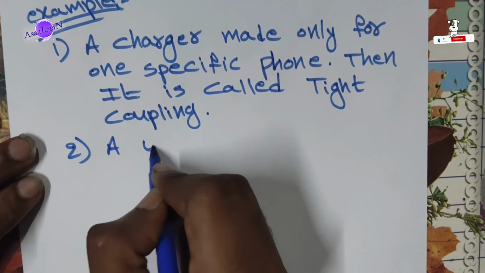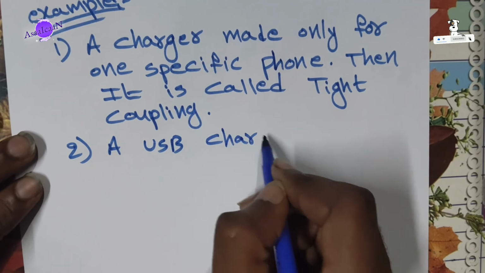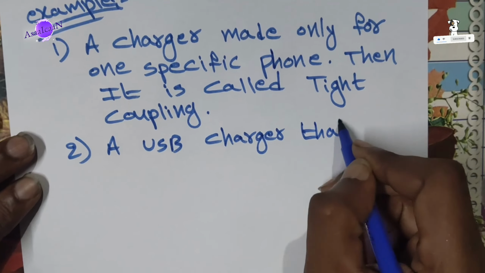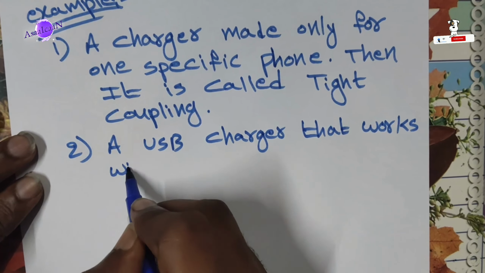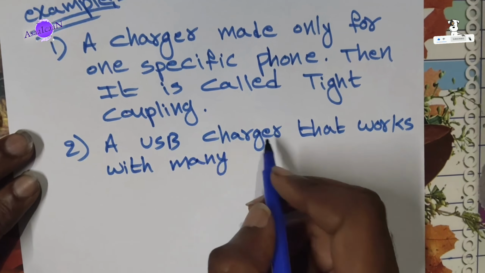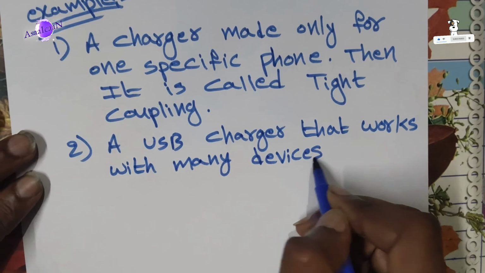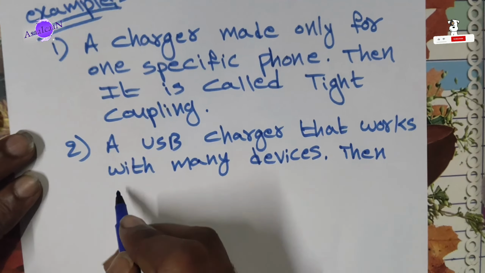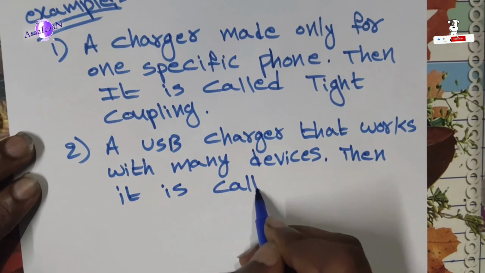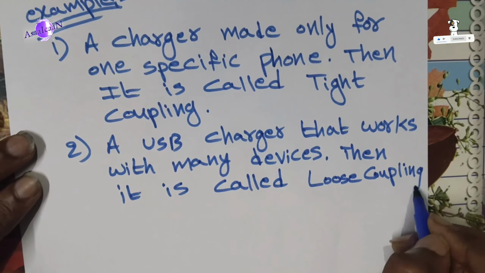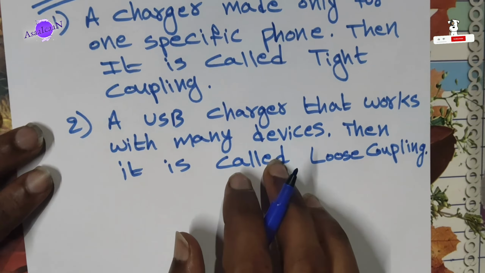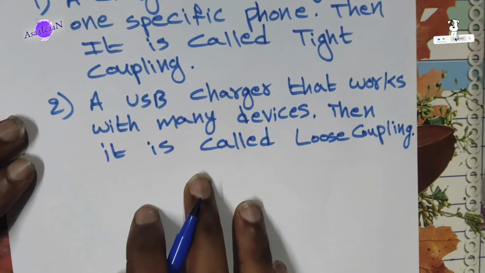Second, a USB charger that works with many devices, then it is called loose coupling. So these are the examples of coupling.